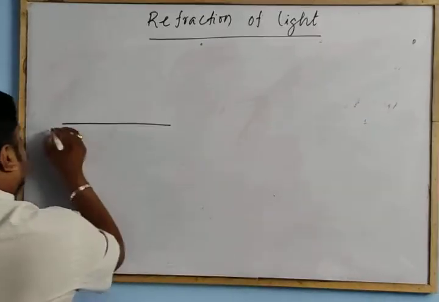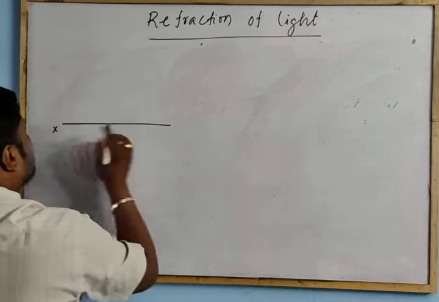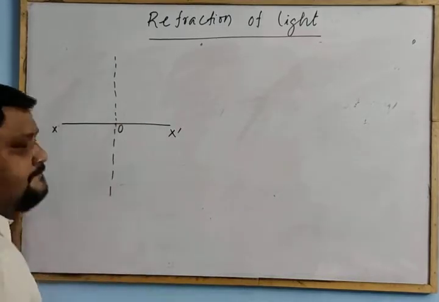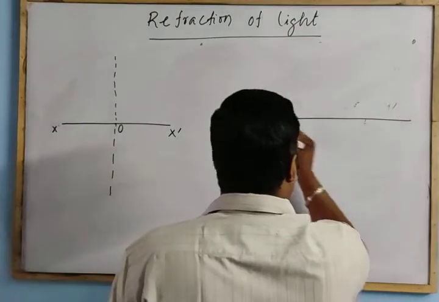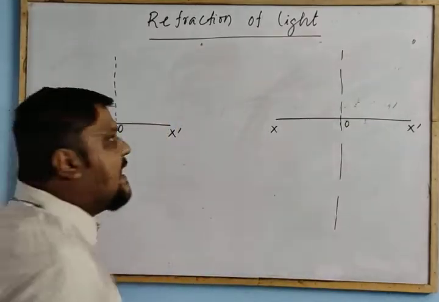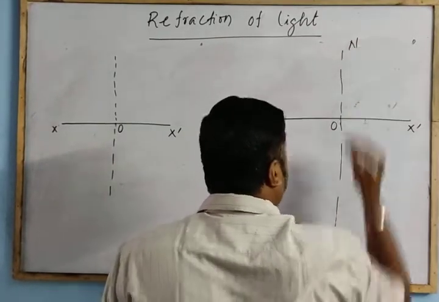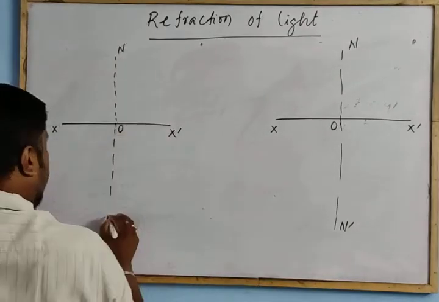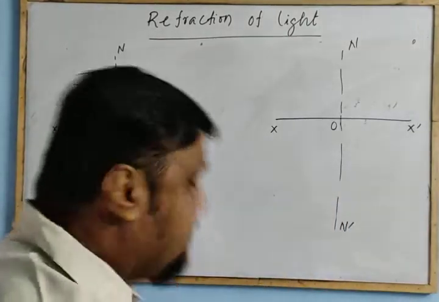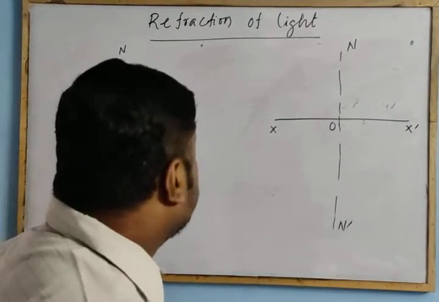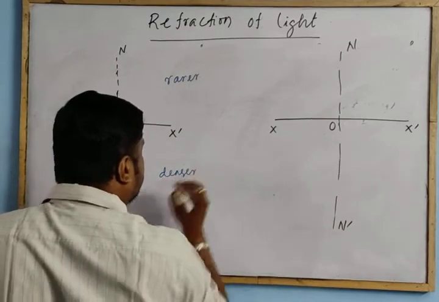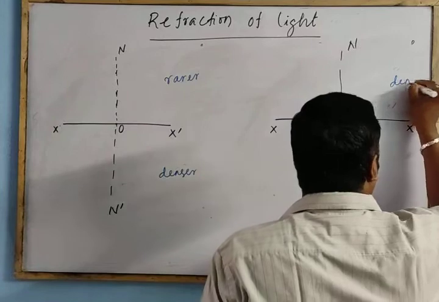Let us consider this is the interface X dash X, and this is the normal, M dash M. Now consider a ray traveling from, suppose this is a rarer medium and this is a denser medium. In this figure, let this be the denser and this the rarer.